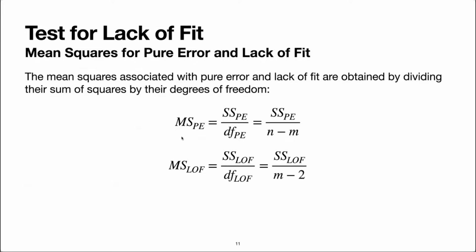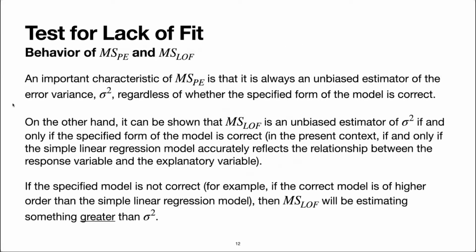And so the mean square for pure error is equal to the sum of squares for pure error divided by the degrees of freedom for pure error, so SS sub PE divided by n minus m. And the mean square for lack of fit, likewise, is obtained by dividing its sum of squares by the corresponding degrees of freedom. Now let's talk about the behavior of these two mean squares.